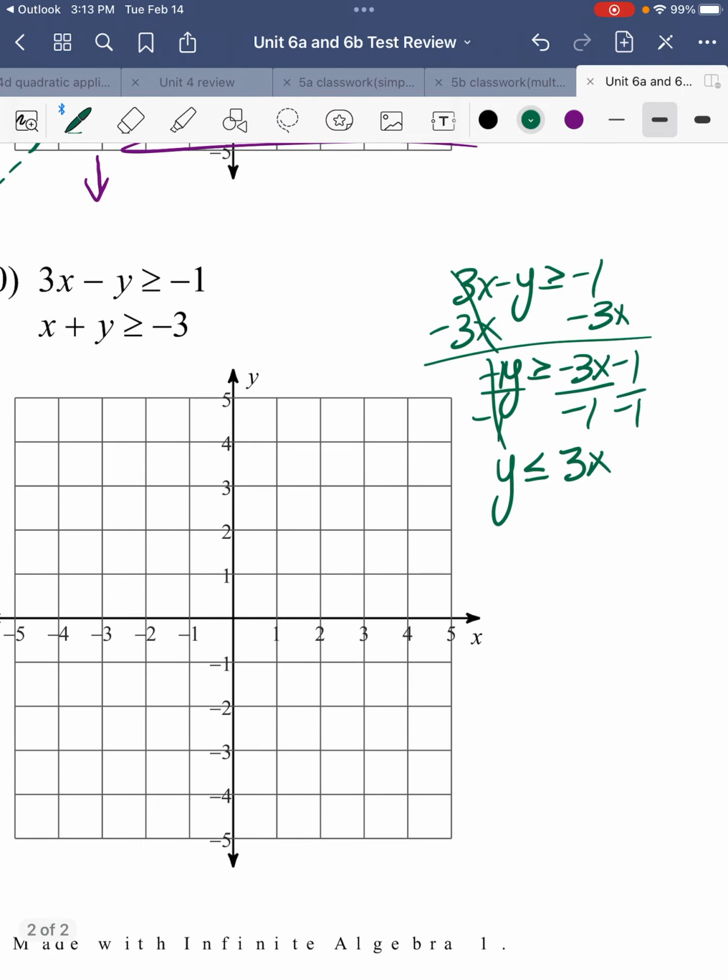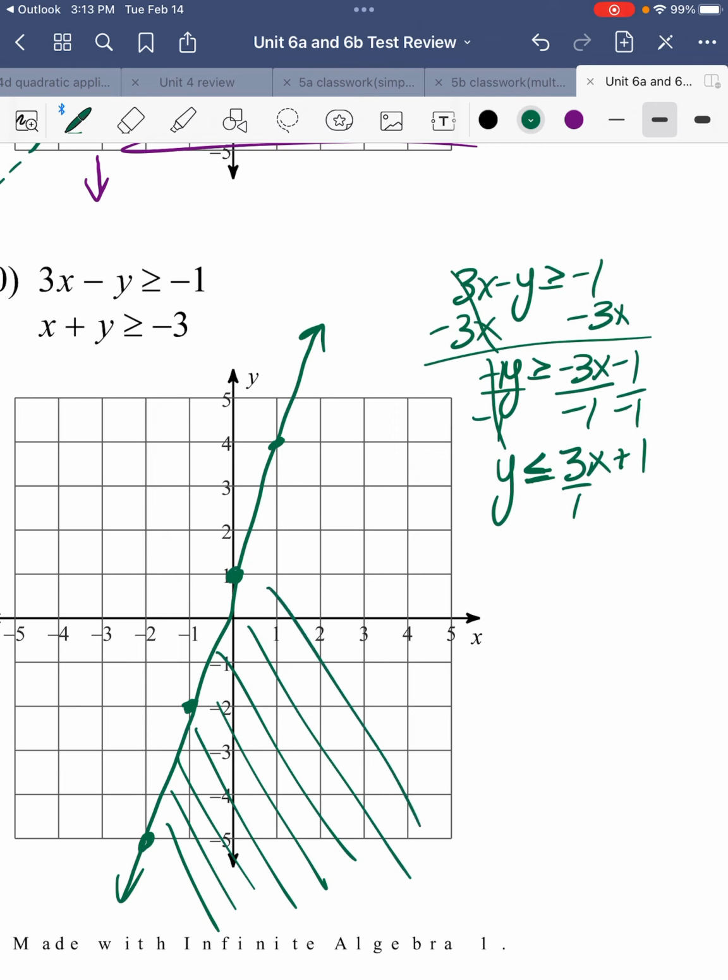Negative 3 divided by negative 1 is positive 3. Negative 1 divided by negative 1 is a positive 1. So we have our y-intercept at 1 and our slope of 3 over 1. So I'm going to go up 3 from the y-intercept and right 1, or down 3 and left 1. It is equal to, so it's going to be a solid line. And then less than is shade below the graph.